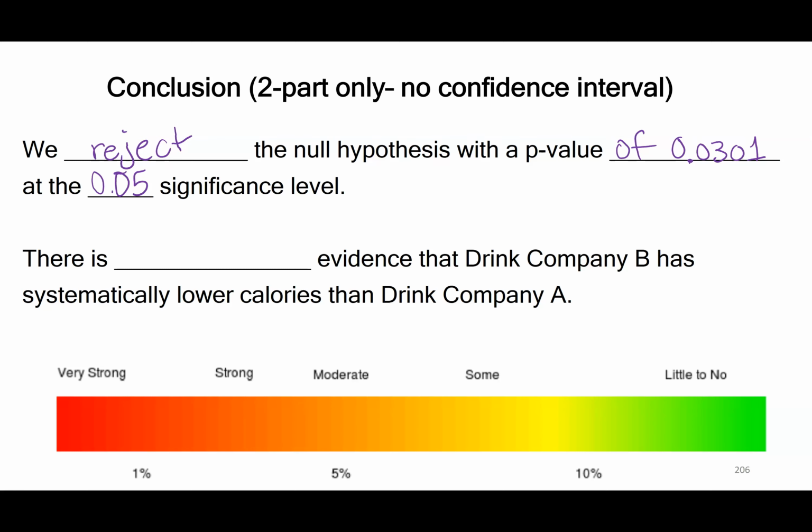Then looking at the spectrum here, I would say there's relatively strong evidence that drink company B has systematically lower calories than drink company A. Whichever one had the lower ranks is systematically lower than the one that had the higher ranks. That's how it works. So that's how we wrote it up here.